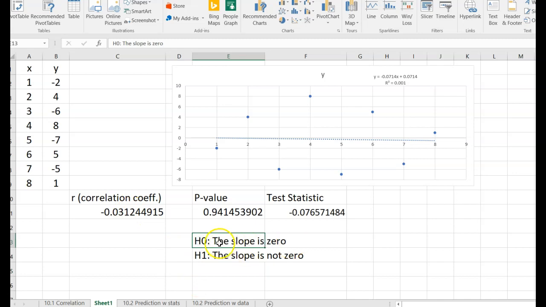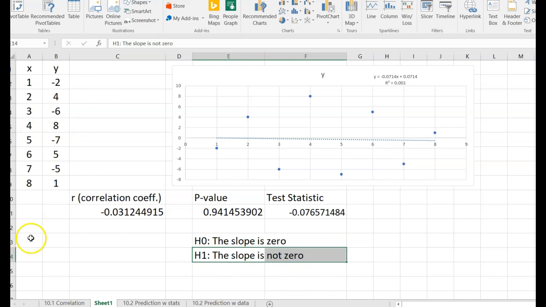So remember, how did we disprove this? How did we reject this? We reject the null hypothesis if we have evidence that this is the case. How did we get evidence that this is the case?